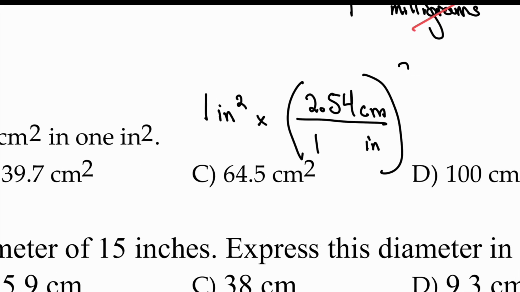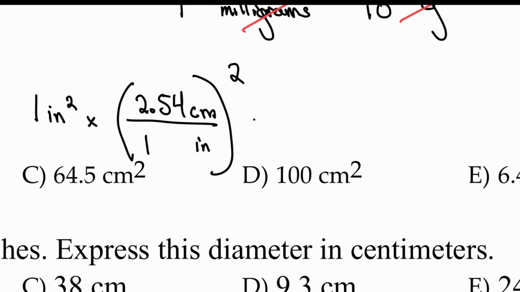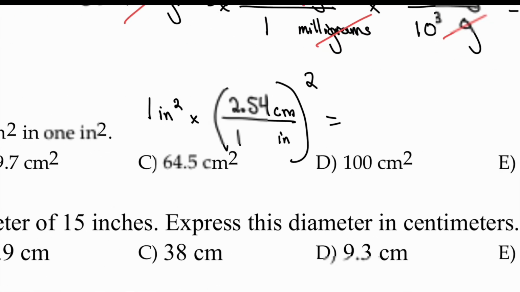We're going to square here. Now it's not just going to square here, it's also going to square here. So all these things are going to be squared, leading to, yeah, you know what? Let's do it like that.